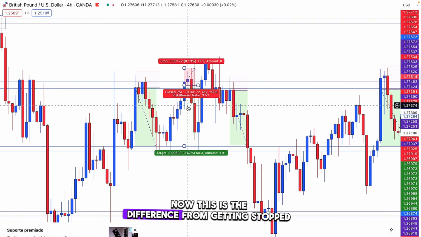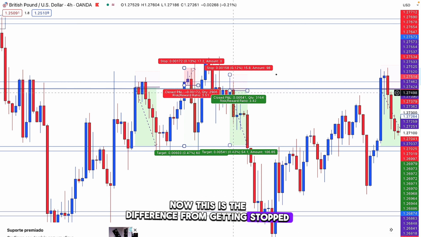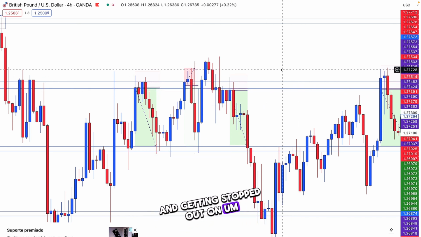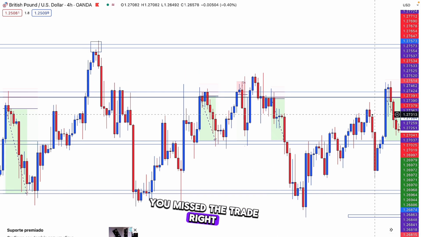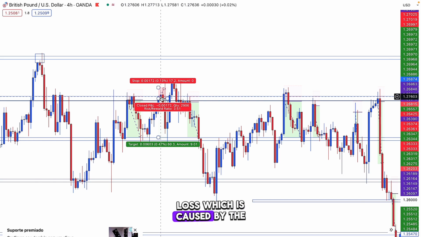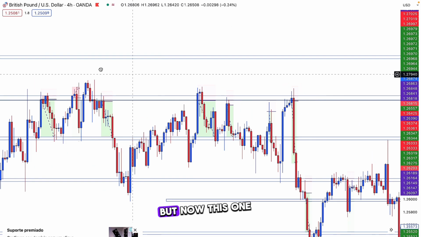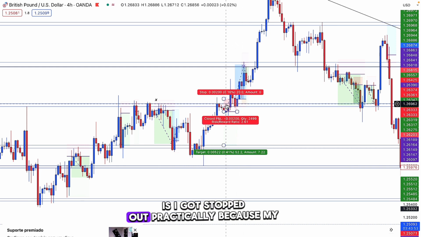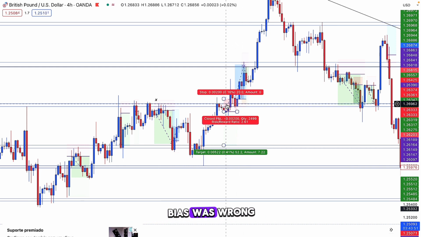Now, this is the difference from getting stopped out manipulatively and getting stopped out because you missed the trade, right? This one is a manipulative stop loss, which is caused by the CPI news. But this one, I got stopped out practically because my bias was wrong due to the change of trend.